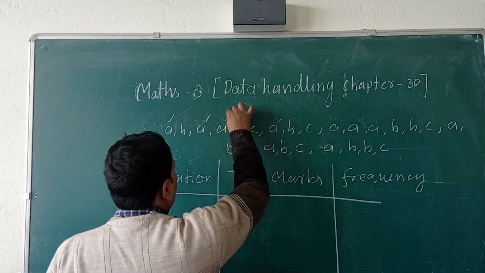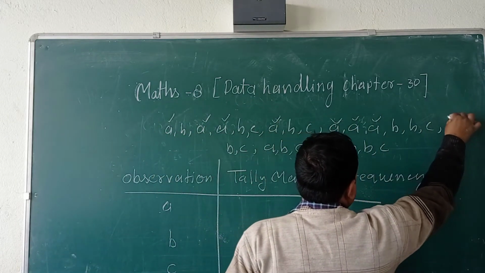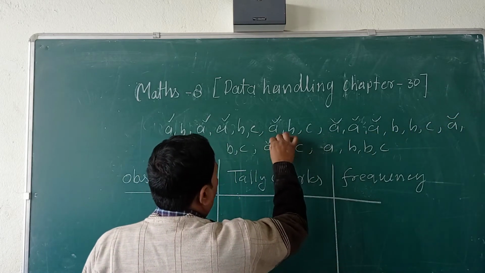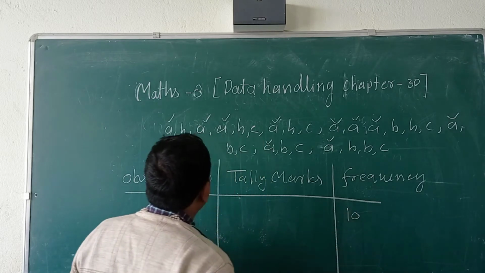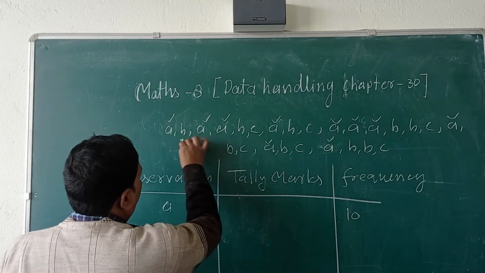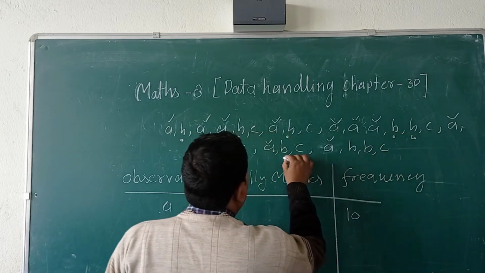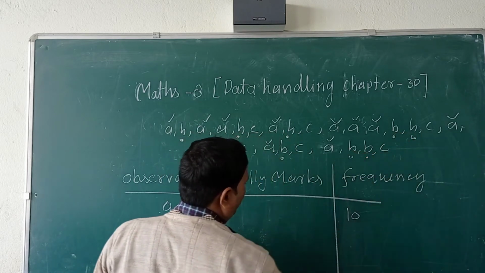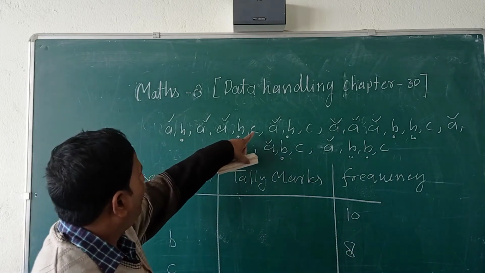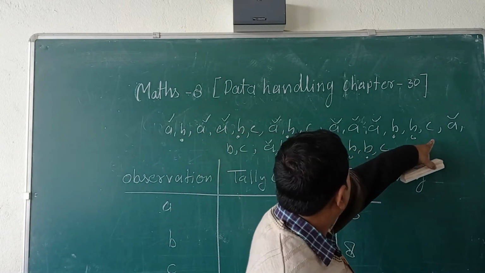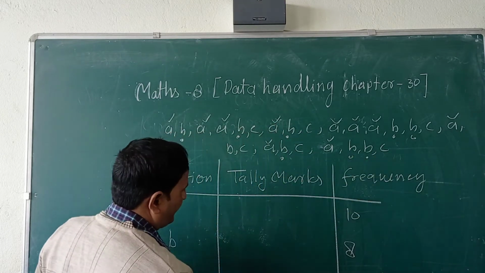See that A appears 10 times. B appears 8 times. C appears 6 times.